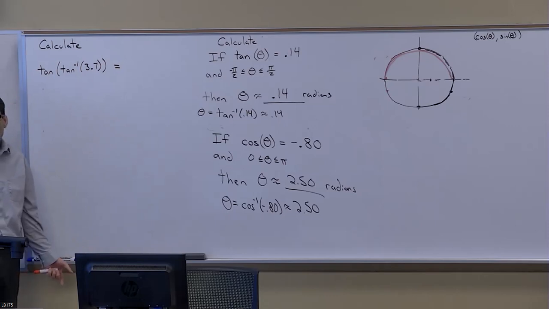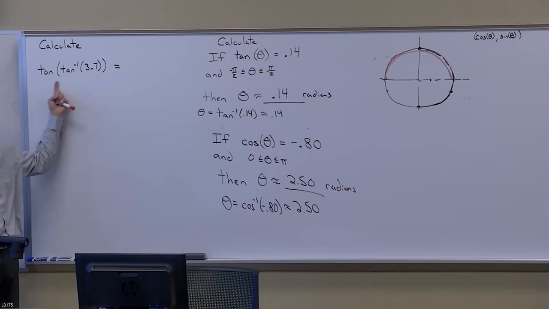Do you know what's going to happen here? These are inverse functions of each other, right? So you should get about 3.7.